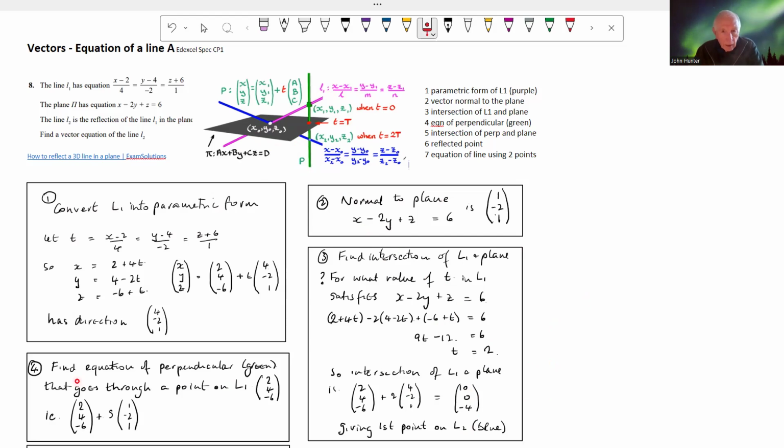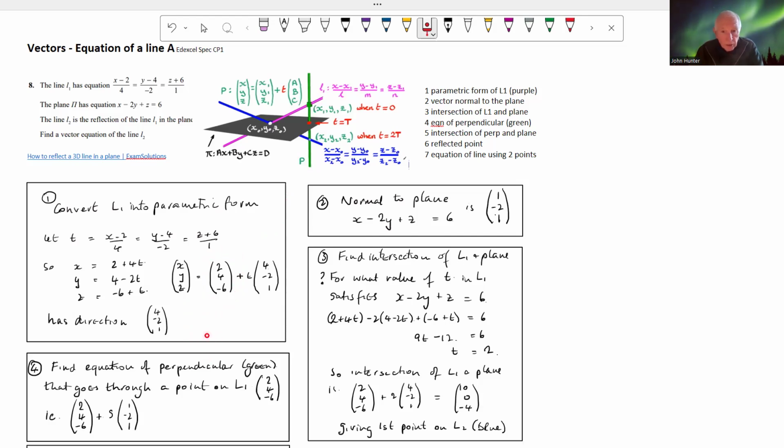Right, now the next thing we want is the equation of this perpendicular. Well, we've got the normal. It's fairly straightforward. We want a point on this line. The obvious one to take is the one that comes out of this parametric form. We know that when t equals 0, it passes through that point.